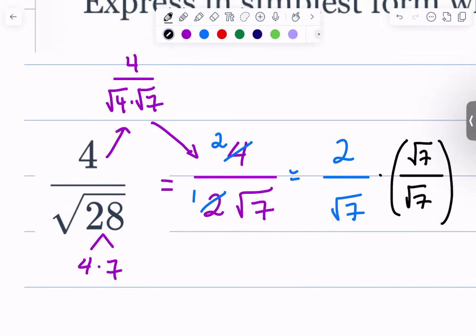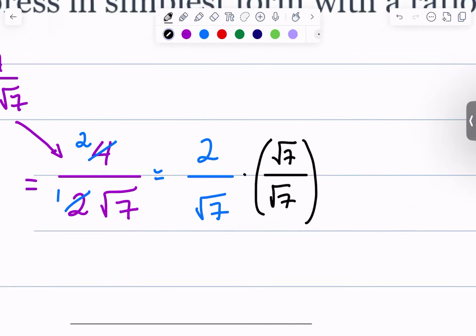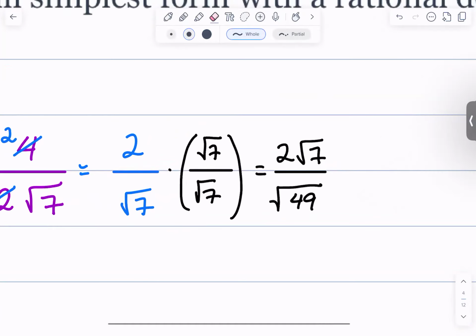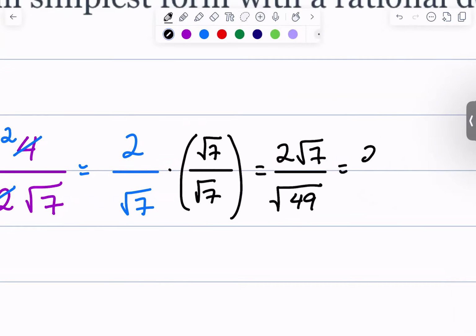So if I multiply across, I'm going to have 2 square root of 7 divided by square root of 7 times 7, which is 49. And square root of 49 equals 7. So this would be 2 square root of 7 over 7.